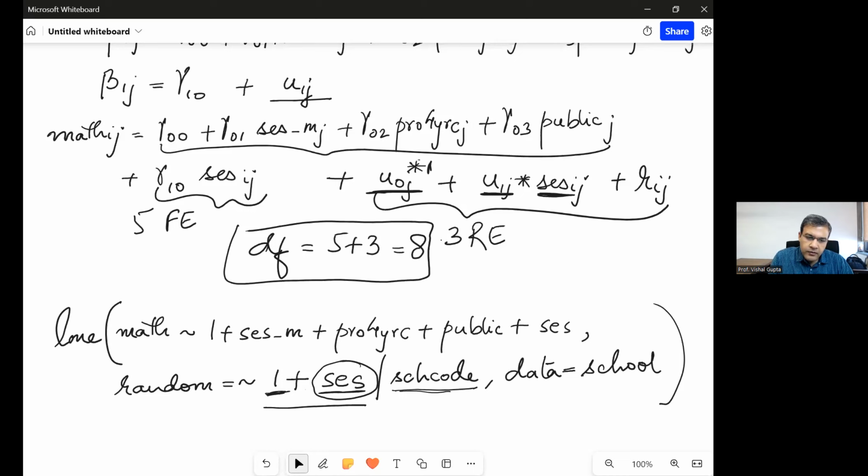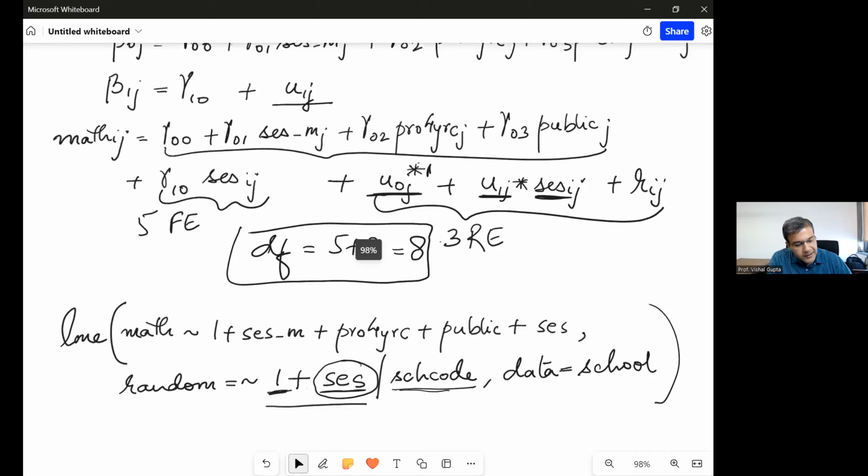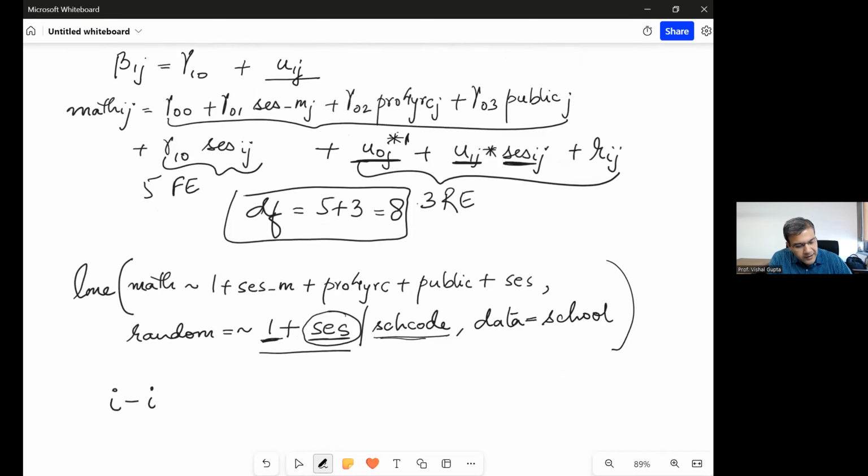Okay, so just so I completely understand the I and J here. J will be the school code, and I will be SES. No, I, what is it that we were saying? I is the ith individual. And J is the jth school.